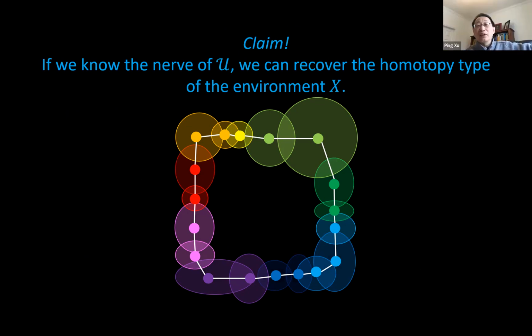So it matches what the picture looks like. Yes, I think this is exactly what it is. I think the nerve he's talking about is in terms of Čech sets, an intersection of covers, but in terms of simplicial sets, I think they're the same thing. This is essentially just the Čech complex.